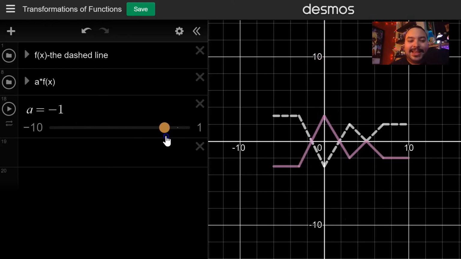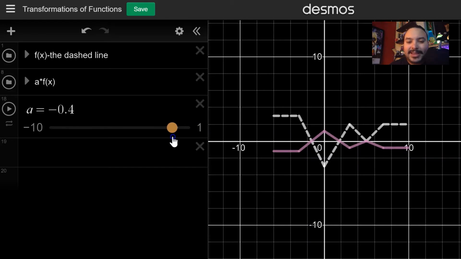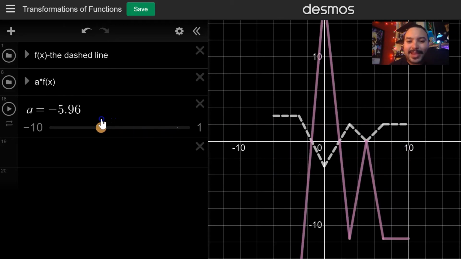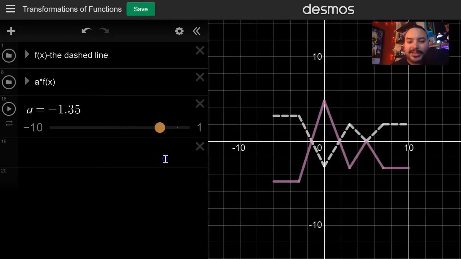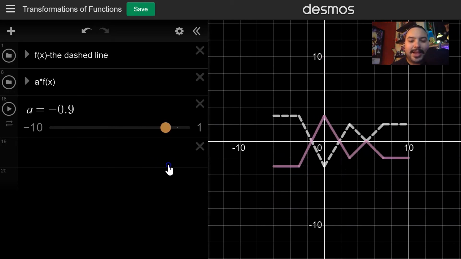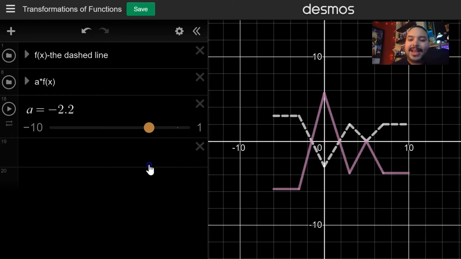As a is a negative number between -1 and 0, you see it is being compressed and flipped at the same time. So really, -a can be thought of as two transformations in one: stretching and compressing, as well as a vertical reflection across the x-axis.